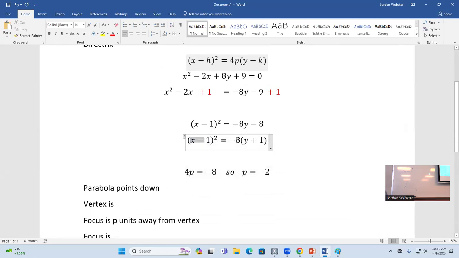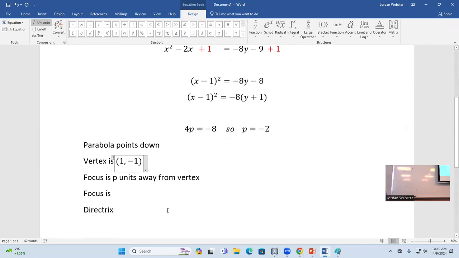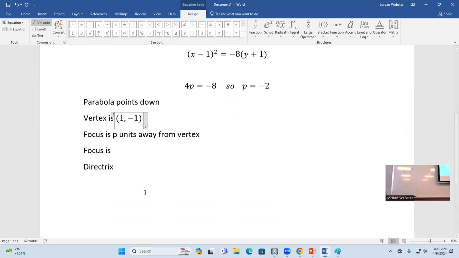Since we have this standard form, x minus 1 means the vertex is going to have an x value of positive 1. Since I have y plus 1, that means the y value of my vertex is going to be negative 1. The focus is p units away. That's negative 2 units away.